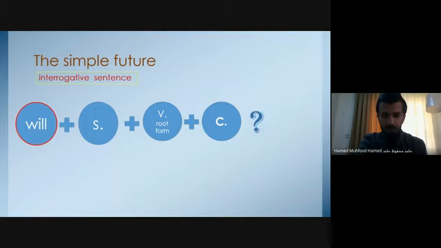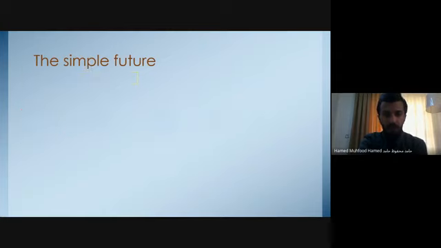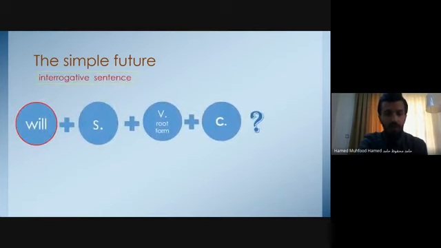And never forget about the question mark. When we talk about the questions, we should always pay attention to the question mark because it's so important, and if you don't put a question mark, it will be considered wrong. So pay attention to this. So this is how we form an interrogative sentence in the simple future tense.